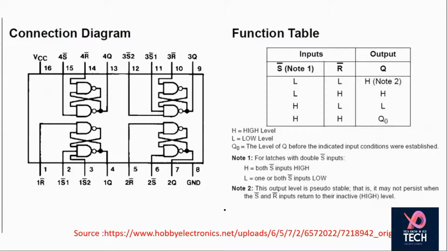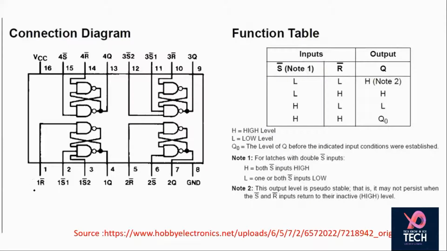As far as other ICs are concerned, this is another IC, your IC for the SR flip-flop. It consists of 4 SR flip-flops inside. But it doesn't have many functionalities like preset and clear.